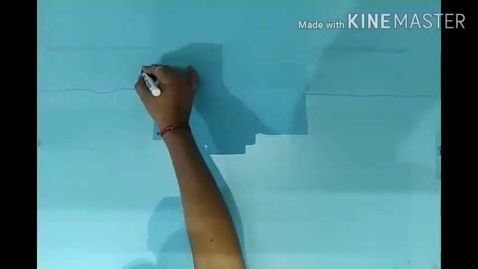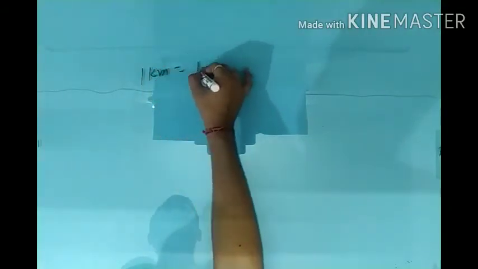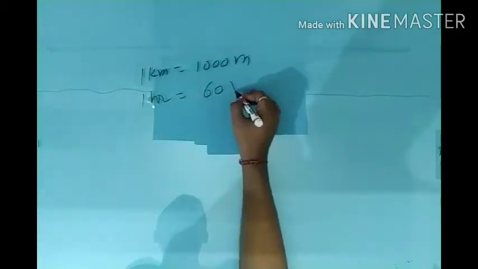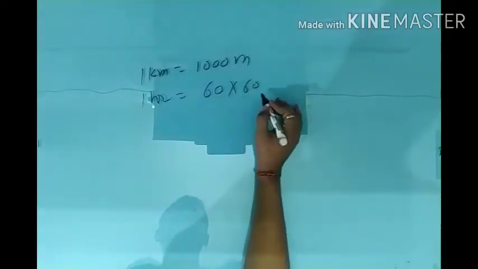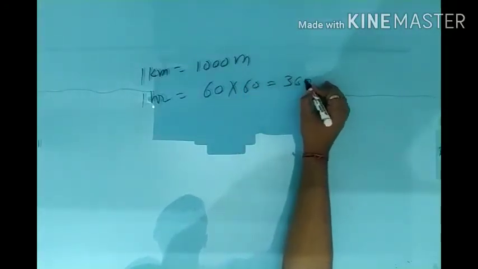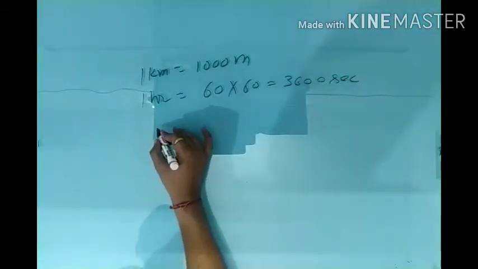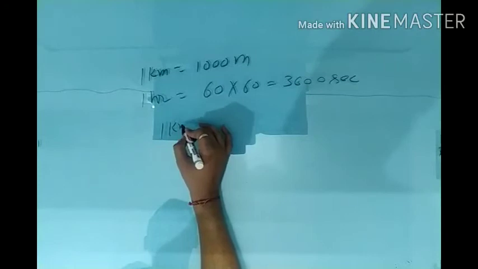Let's derive the relation between kilometer per hour and meter per second. 1 kilometer means 1000 meters. In 1 hour there are 60 minutes, and in 1 minute there are 60 seconds. So it is 3600 total seconds. Now suppose we have to convert 1 kilometer per hour.